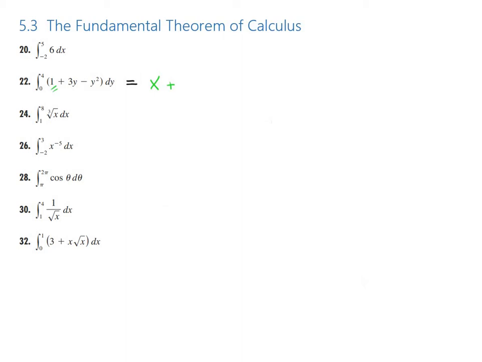But consider this. Let's keep the 3 there. I'm going to put a 2 there. And y squared. Now when you take the derivative of 3 halves y squared, the 2 would come down and cancel the 2 there, and you'd get 3y. And again, that's exactly what we wanted. So we've taken care of the 3y part.